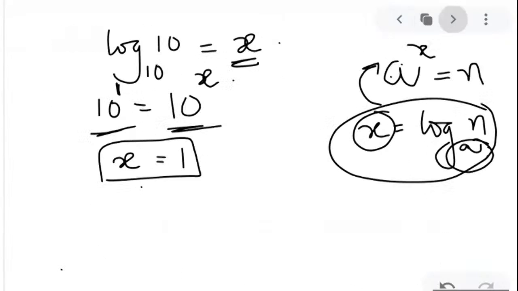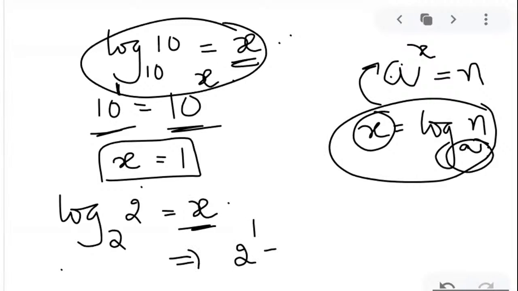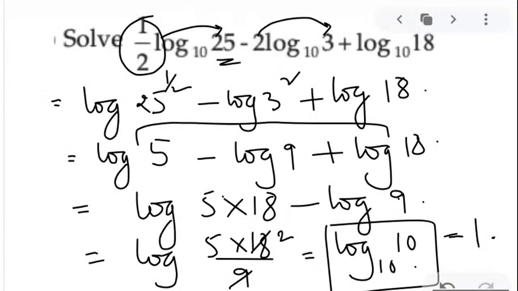So I did this because everywhere that is the case. Log 2 to the base 2, if you want to find this value also, it will be the same. 2 power 1 is equal to 2 power x. When the base and the number are equal, it always equals 1.